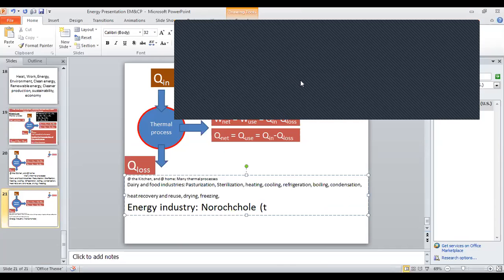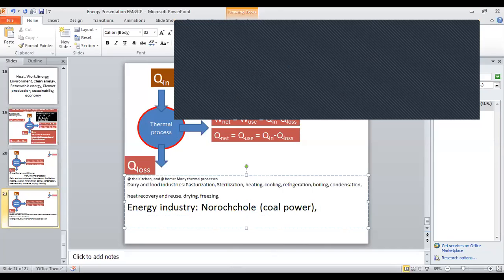This is the energy you are using, coal. Coal power plant. So you are using coal power to generate steam, then from the steam you run the generators.